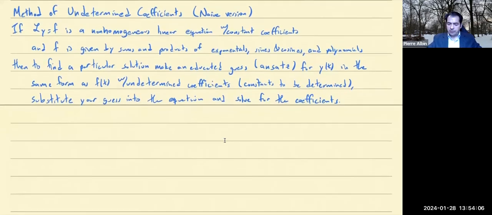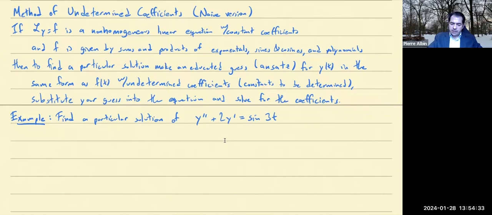Let's work out an example. Right, so suppose we want to find a particular solution of the equation y double prime plus 2y prime equals sine of 3t. Okay, so the first forcing term is f of t equals sine of 3t.